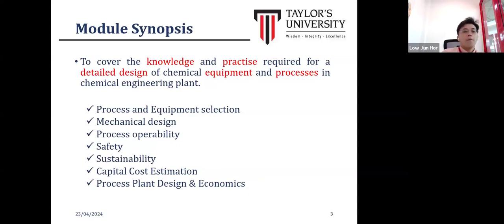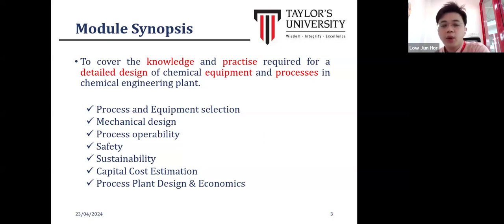As I told you just now, for this module we will learn how to combine and integrate all the knowledge that we learned from other chemical engineering core modules in order to come up with a chemical plant design.